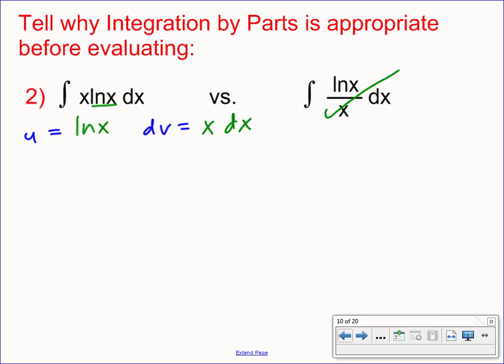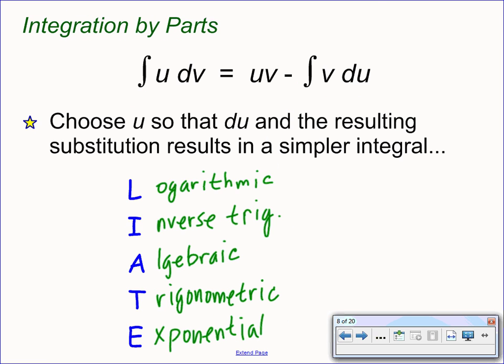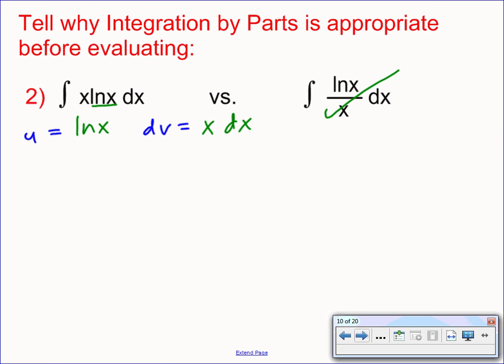Does this fill up my integrand and result in the integral of u dv? Yes, it does. That's the first part of my formula. Let's generate the other pieces. If u is ln of x, then du is 1 over x dx.